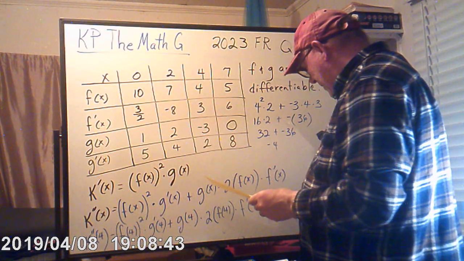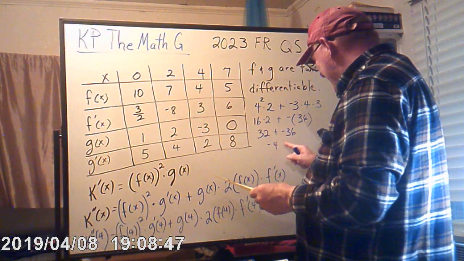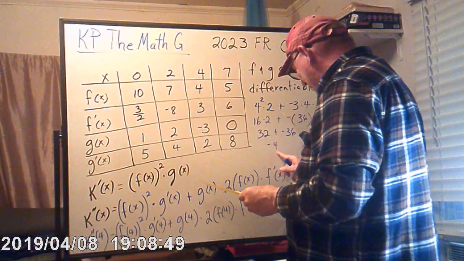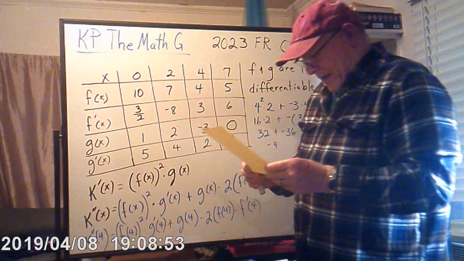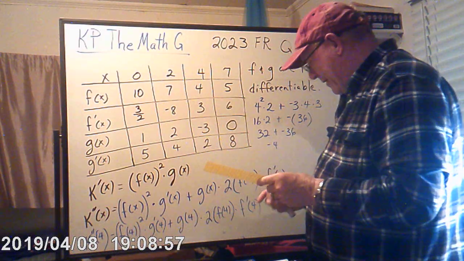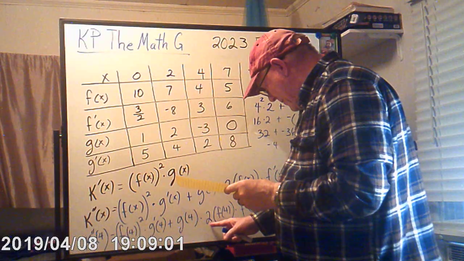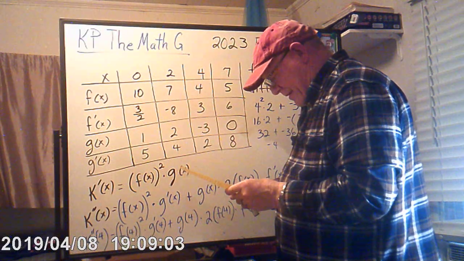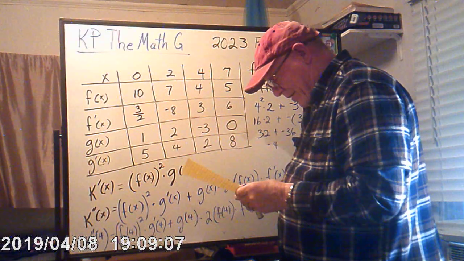Alright, but anyway, it does turn out negative, but in this case it's negative 4 and not negative 40. Let me see what I've done here. So when I got this answer, I got this. I got it backwards. I'm so sorry.